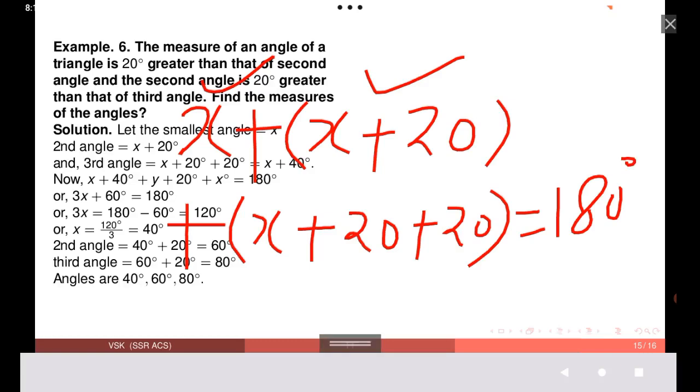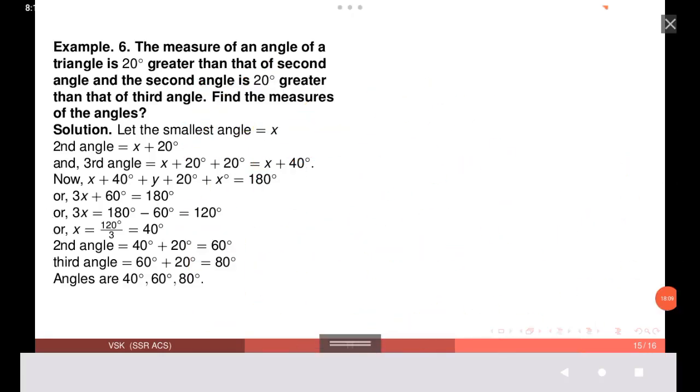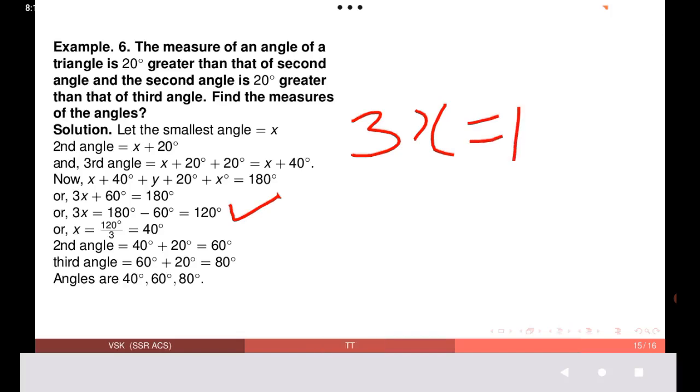When we solve all this and take the constants to that side, you will obtain 3x is equal to 120, and from this you will get x is 40.